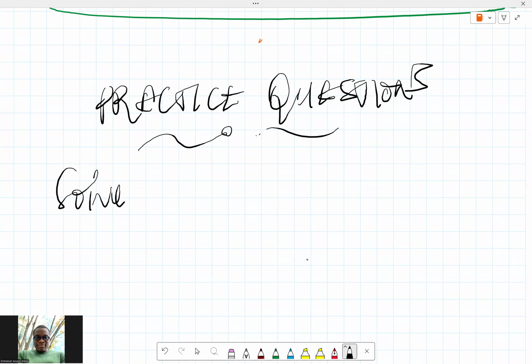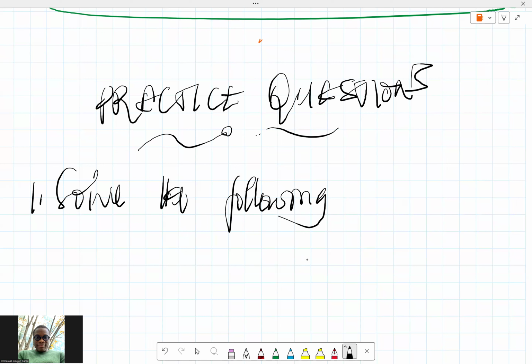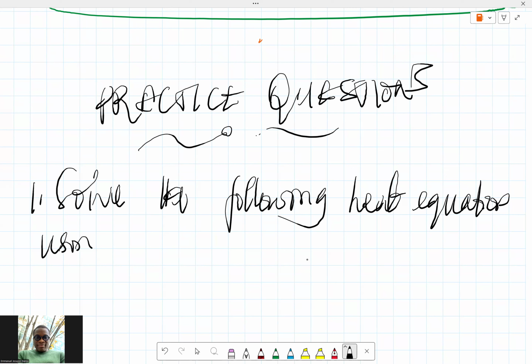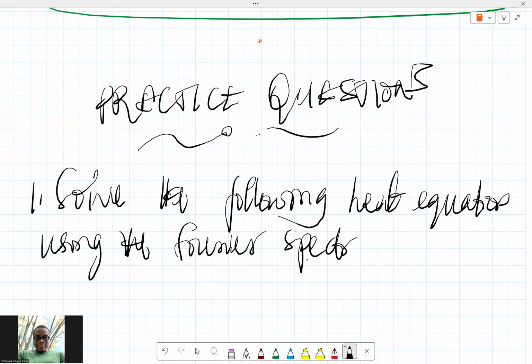Solve the following heat equation. This is like number one. Solve the following heat equation using the Fourier spectral method.